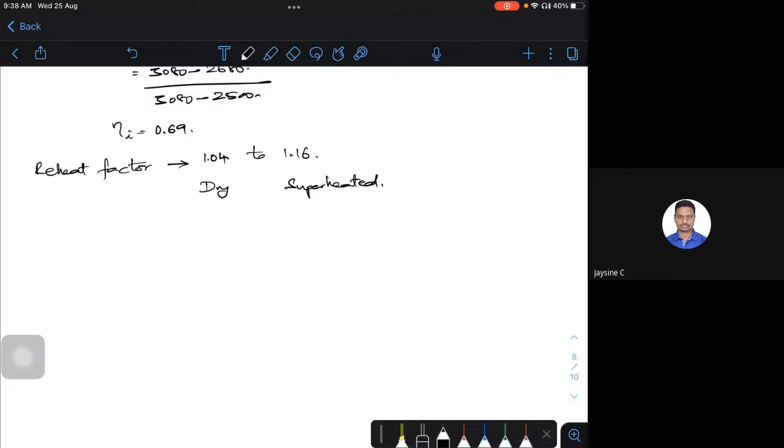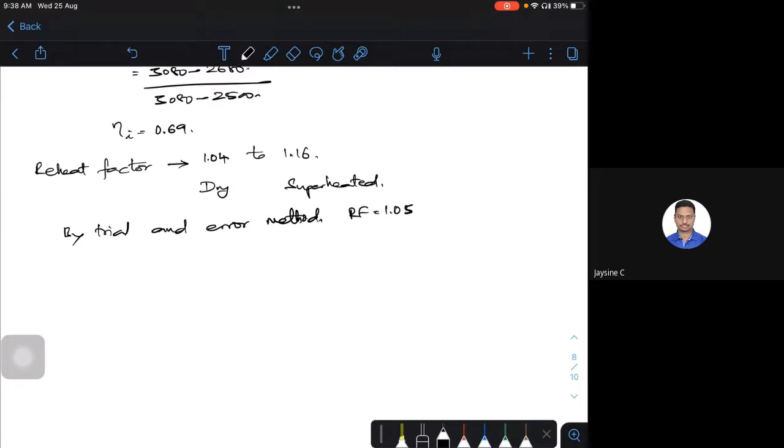By trial and error, the reheat factor can be either 1.05 or 1.06, whatever it may be. Let me go with a value of 1.05. You have to check whether the value I'm assuming is fine or not.